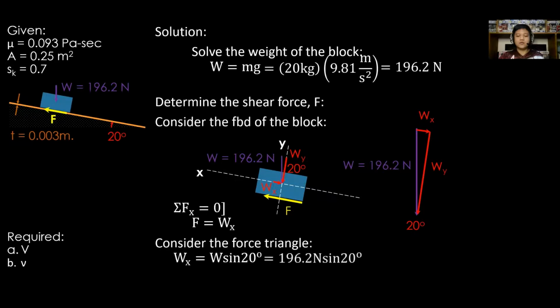If we substitute the weight value, 196.2 newtons, the value of W sub x is 67.104 newtons. Therefore, since the summation of forces along x specified that F is equal to Wx, F is equal to 67.104 newtons.